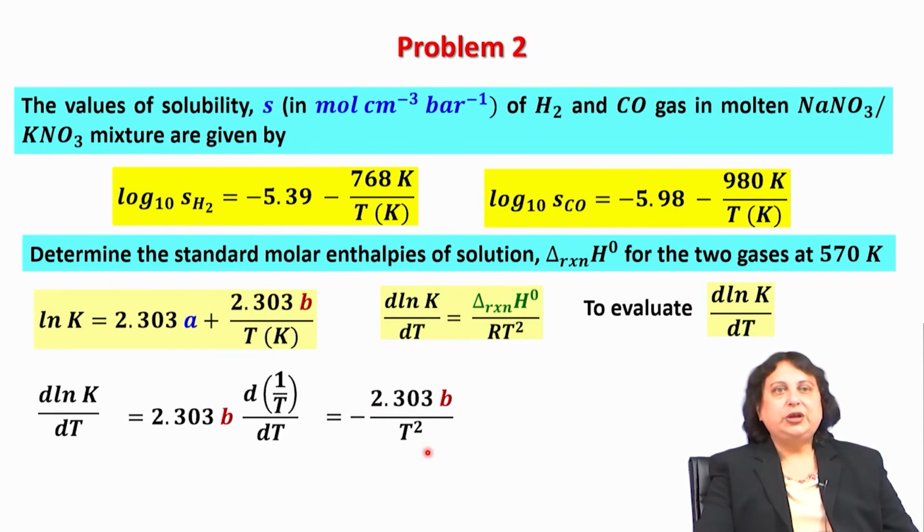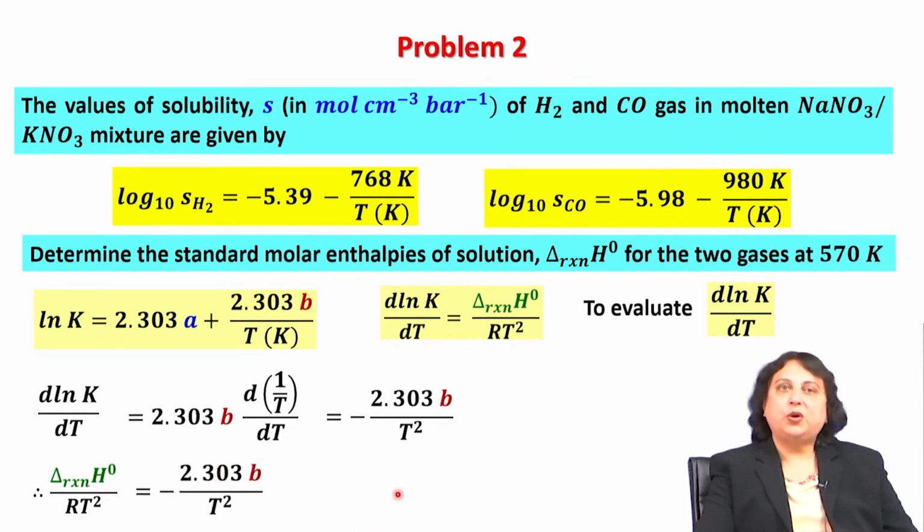So, now I am going to combine this result and compare it with the Van 't Hoff's equation, and immediately I can say that delta H naught reaction by R T square must be equal to the quantity that I have obtained here.